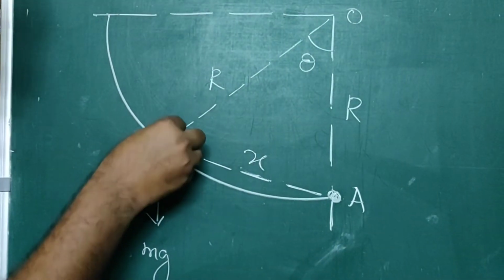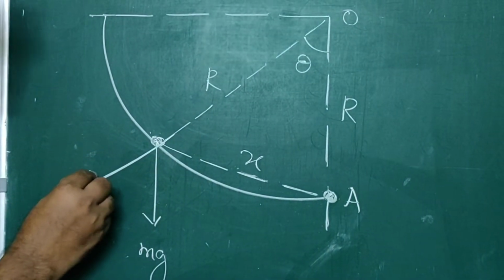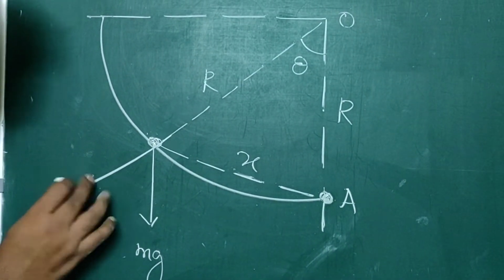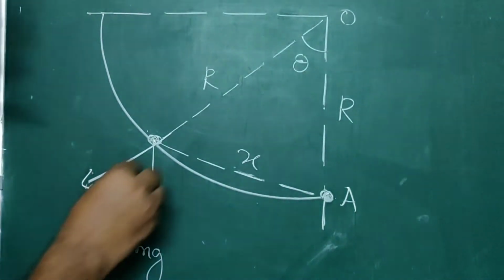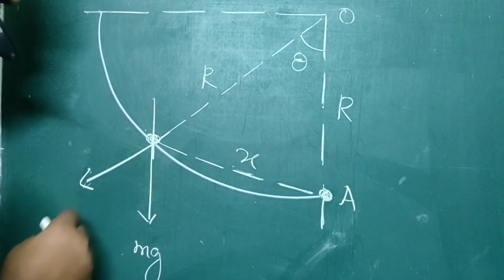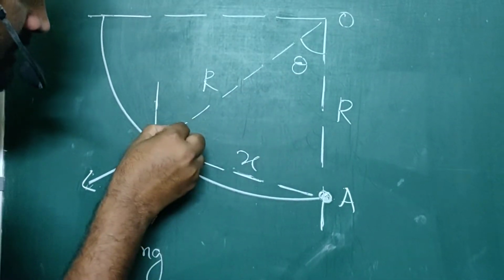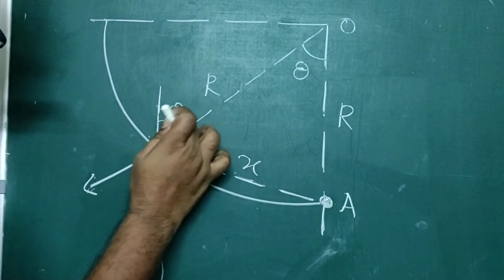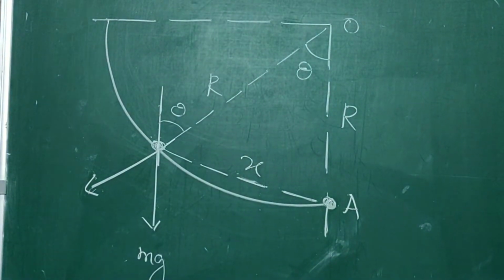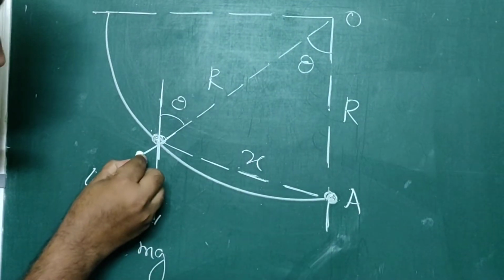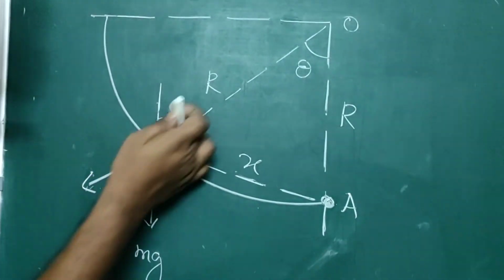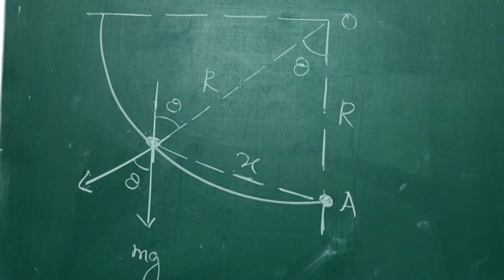Now I'll proceed this line in this direction, and I'll proceed this line in this direction. If it is theta here, also it is theta here, because these two angles are corresponding to each other, and if it is theta here, this angle is also theta because they are vertically opposite angles.